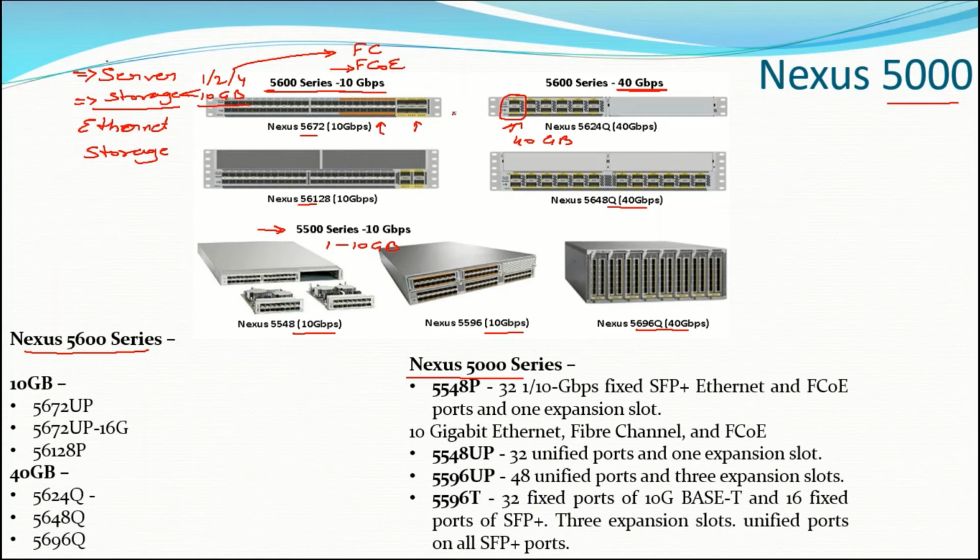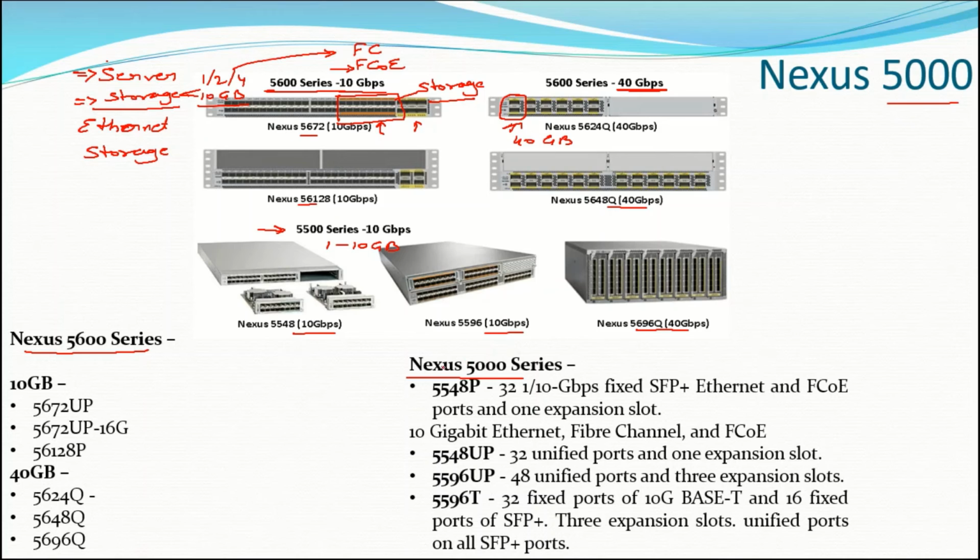The size of the interface is a bit wider compared to normal SFPs. And the orange ones are the normal, thin SFPs, which can be used for storage purposes. So these two separate types of interfaces are used for these two purposes.